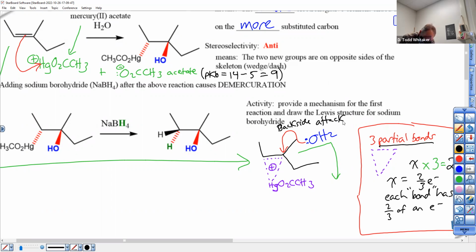And you're going to get something related to that product at the top of the screen. You've got your wedge. This is definitely related to that product at the top of the screen. You got your dash to a mercury, which has CH3, CO2 on it.